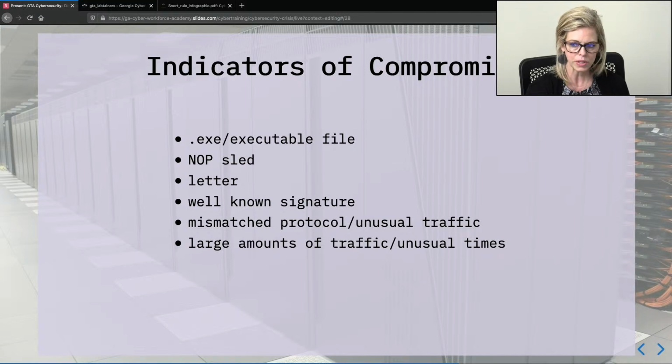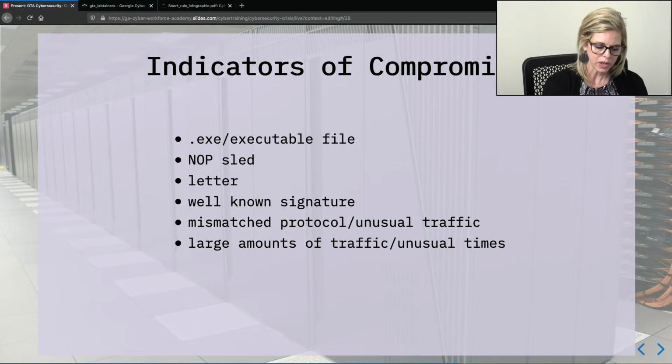So maybe you downloaded a calculator that is a functional program but has malicious software tied to it. So if you see an executable file in your network that's being transferred, it should be considered an indicator, and then you should take the necessary precautions to drill into it to see and evaluate its legitimacy.